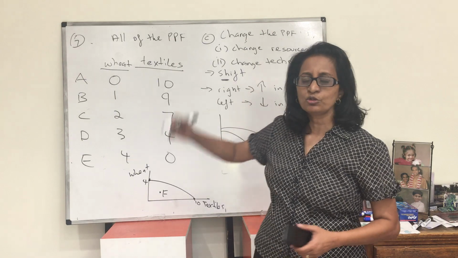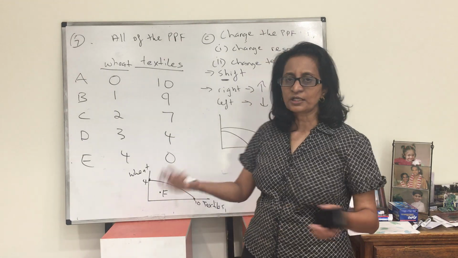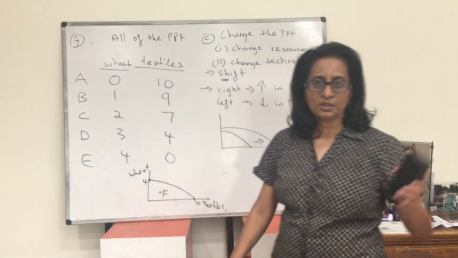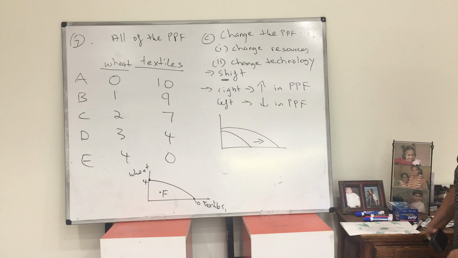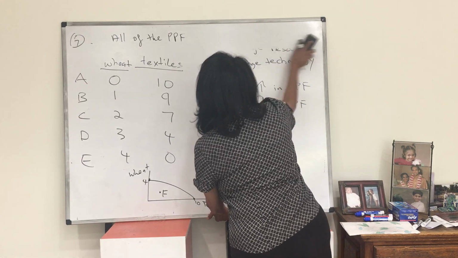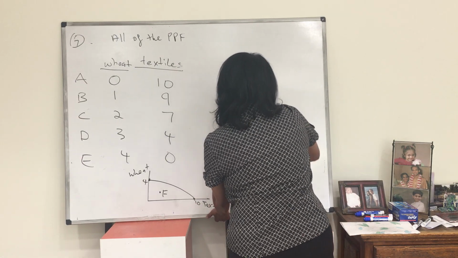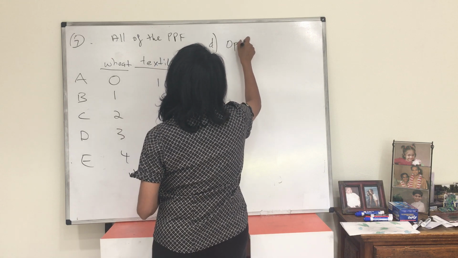And that can happen when you change labor, capital, and land, increase or decrease, or when you improve technology. Okay, that's going to be shifted to the right, an improvement in technology. All right, so I'll let you copy that. And then we go to number D on all about the PPF. Okay. So the next thing I want to say all about the PPF is the opportunity cost.